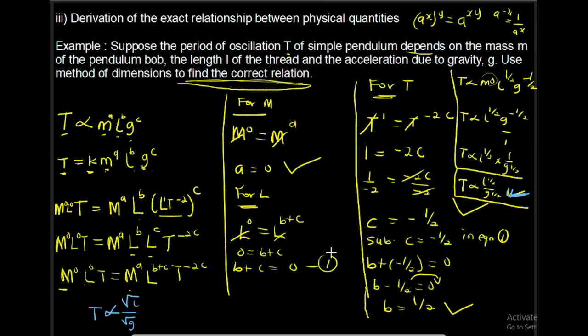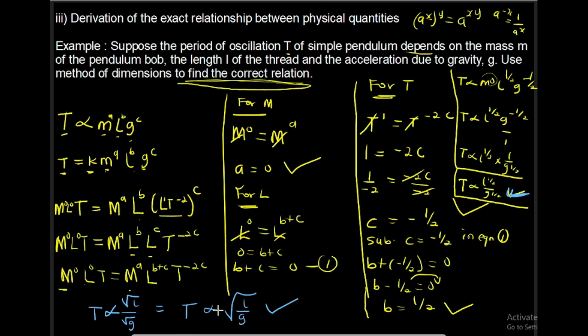If you have a raised to power half, it is simply square root of a. x raised to power half is square root of x. So this can be simplified, and we can say t is dependent on the square root of L over G. So this is the exact relationship between L, G, and T.